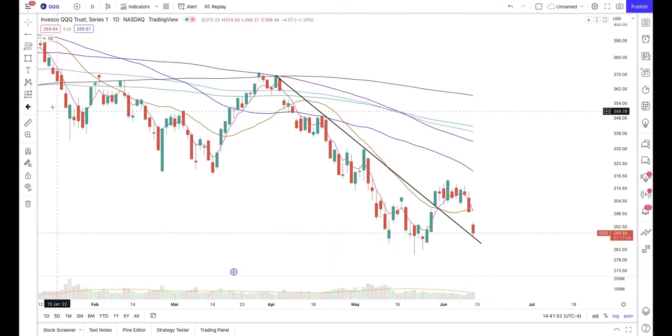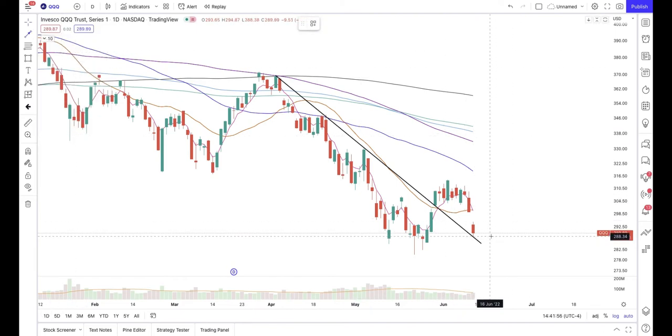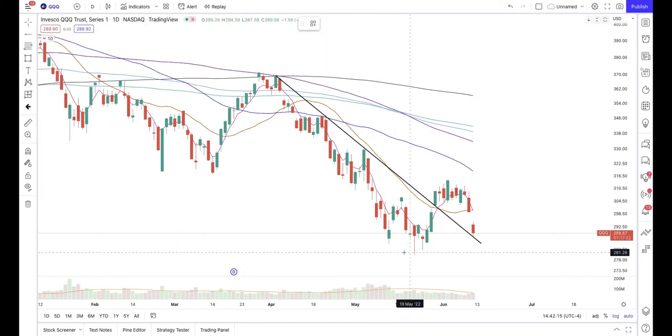Let me use the other arrow. It's a lot thinner. So whether the Qs get down to like this level on Monday, so they make like an incremental low at 287 and hold again, or whether they continue to make lows all the way up until the Fed next week to like 285 and then they hold, I don't know. Or whether or not they just break, I don't know.